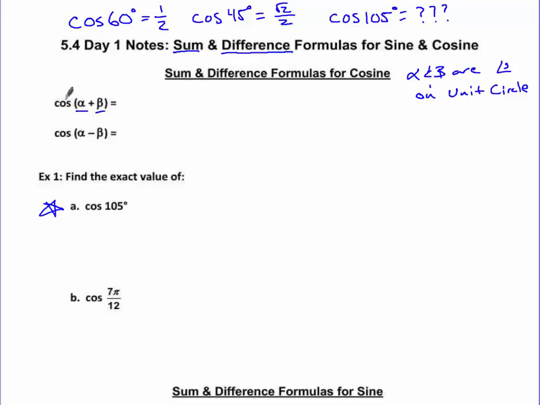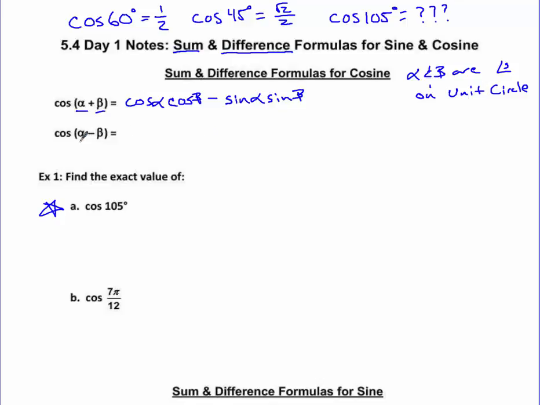So if you have the cosine of two of these unit circle values added together, that's always going to equal the cosine of alpha times the cosine of beta minus the sine of alpha times the sine of beta. Now that may seem confusing, but I promise in a minute it's going to seem simple.